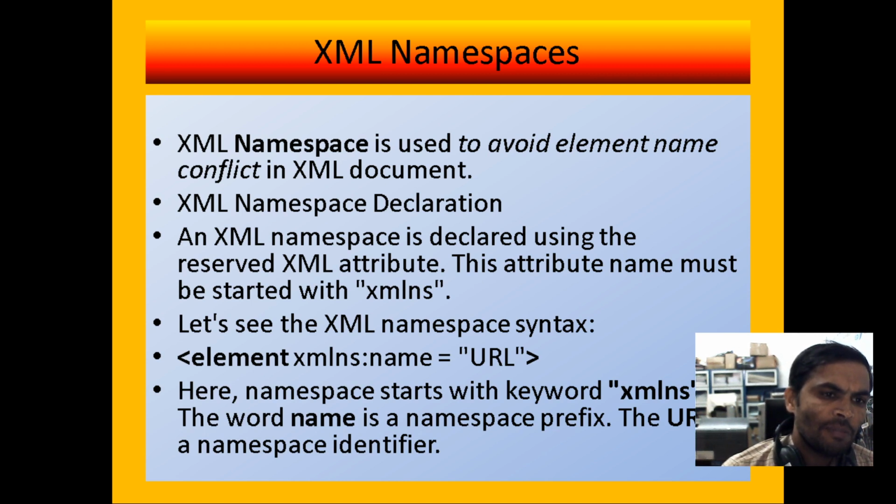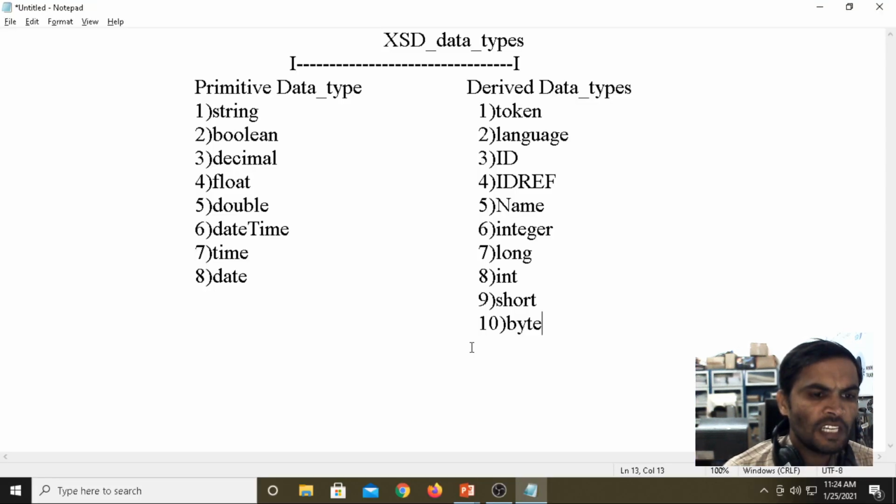An XML namespace is declared using an XML attribute. This attribute name must start with xmlns. xmlns means XML namespace.